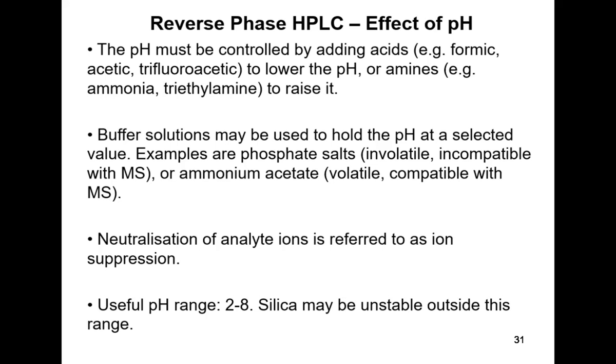But you can't use them if you're doing mass spectrometry detection, because when the phosphate salts get into the mass spectrometer, you vaporize the sample, and the phosphate ions go into the mass spectrometer, but they can precipitate on the internal surfaces, and that eventually leads to quite serious contamination of the instrument.